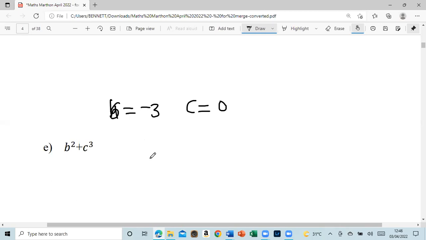Yes, sir. What will be the answer for this? B squared plus C cubed. 9. Everyone agree with that? Or some people think it's -9. The calculator tells you -9, right? No, sir. All right, but guys, remember, any number squared has to be positive.